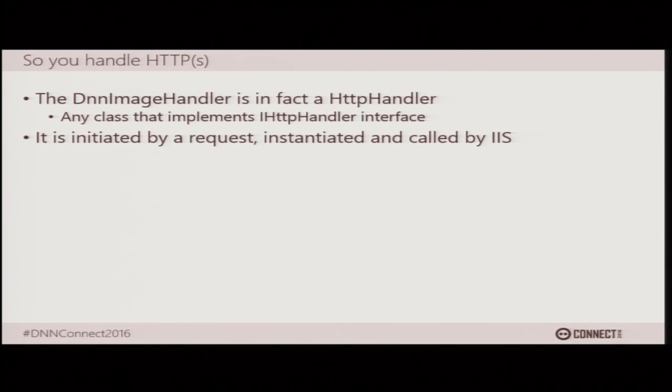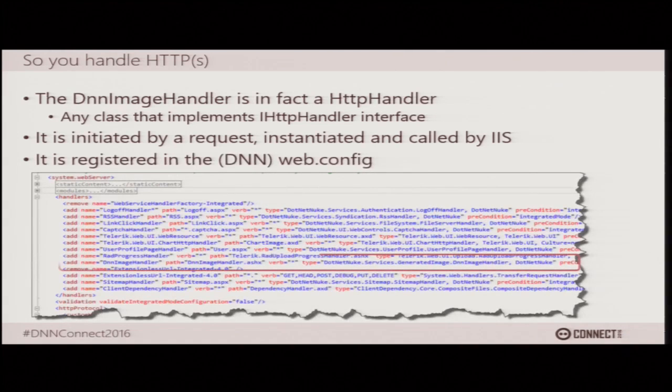And then IIS takes care of the creation of your image handler, of your HTTP handler, once it gets registered in the config. For those who cannot see, again, this is a piece of the web config of DNN 8, and then you notice that the image handler is indeed registered in the web config.